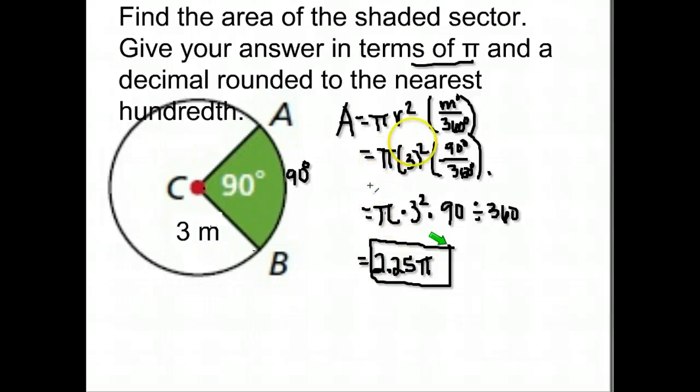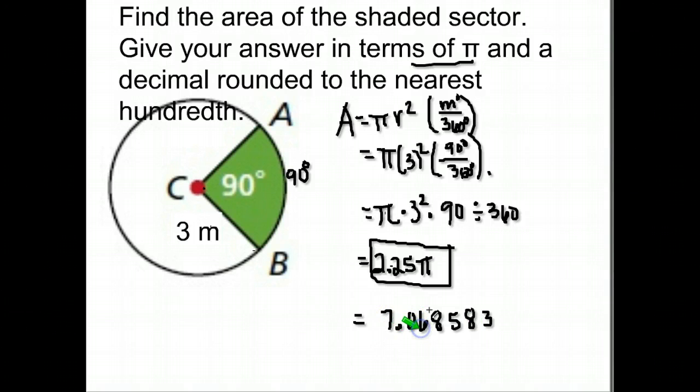Okay, then they also want a decimal rounded to the nearest hundredth. So when you find that answer, you just take out your calculator and you take your 2.25 and go ahead and multiply it by pi. And we get 7.068583, and it goes on from there. They wanted us to round to the nearest hundredth.